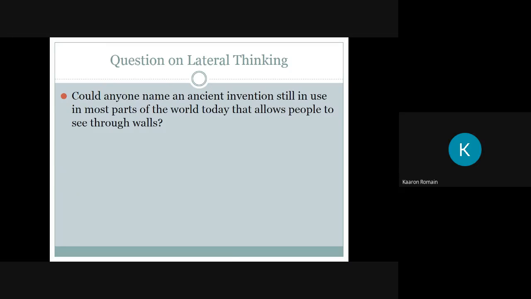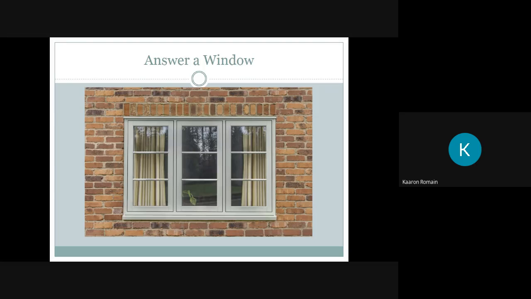Hello? Repeat. Someone said a window. That's very correct. It's a window. And there we have the window. And we all use that to this day to see through walls. It's nice work there using lateral thinking.